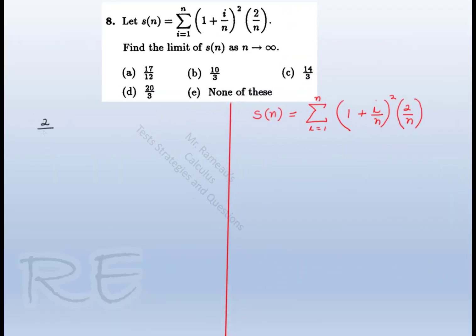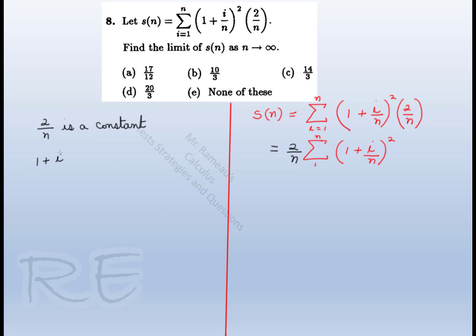2 over n is a constant. Therefore, Sn can be written as 2 over n times the summation from 1 to n of (1 plus i over n) squared.